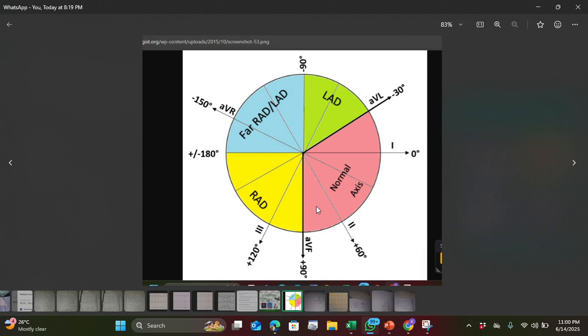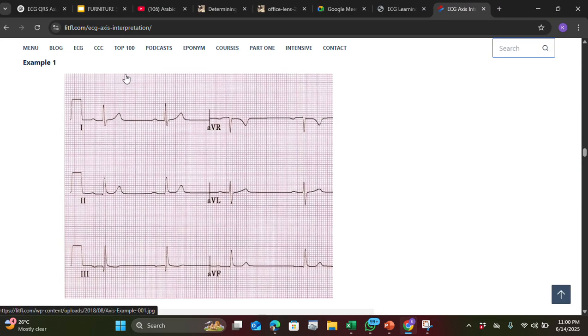Now you go back to your strip, check lead 2 and AVR, and check which one is positive.